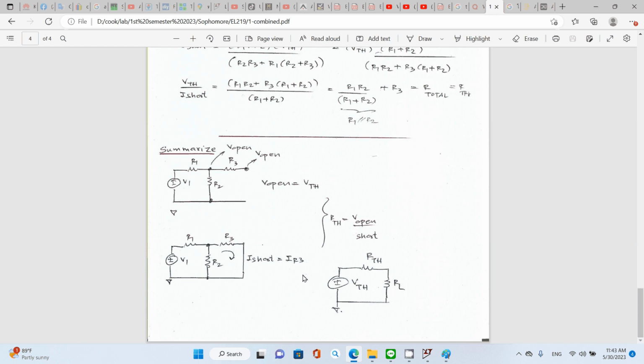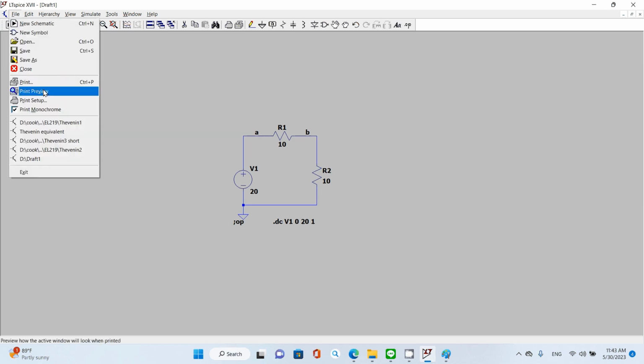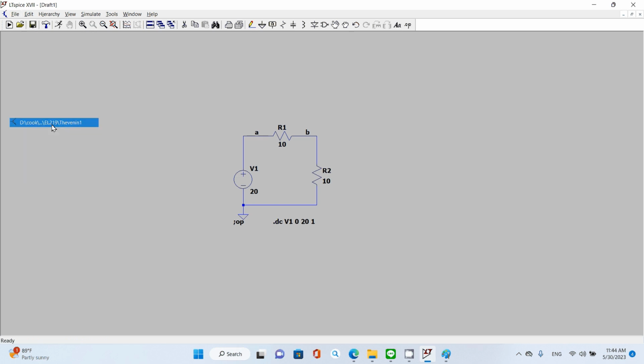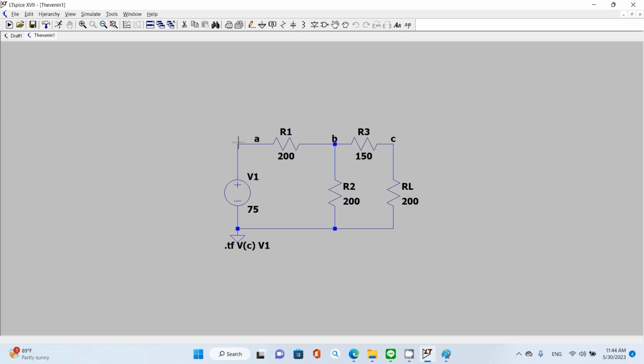Okay, now let's go to LTspice. I already have the circuit right here. You start with the complete circuit. You have R1, R2, R3, and this is your load resistance. And you have the supply voltage, 75 volts.